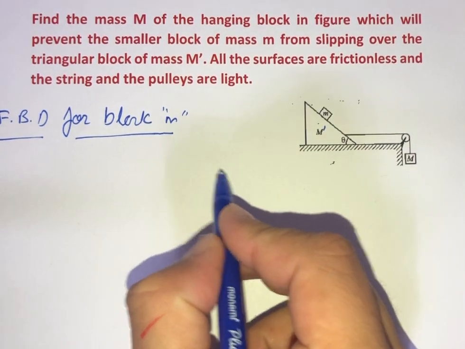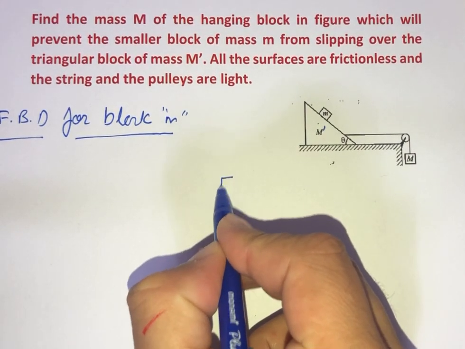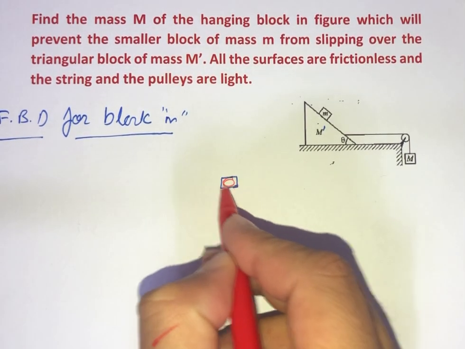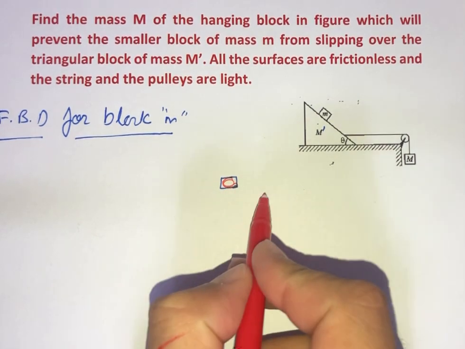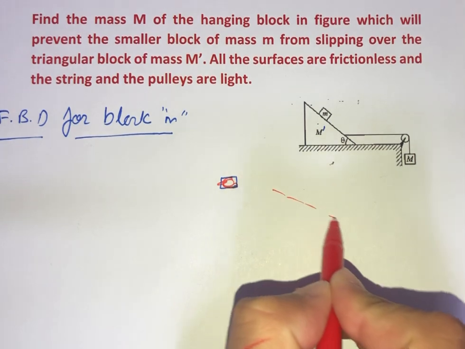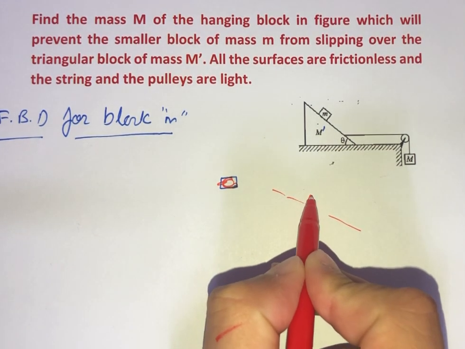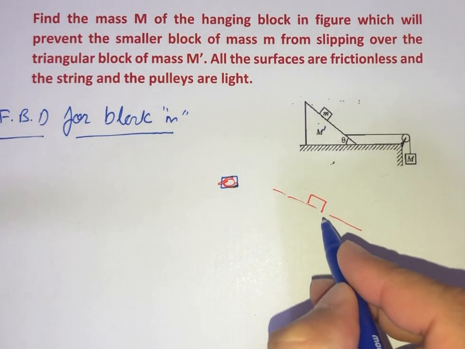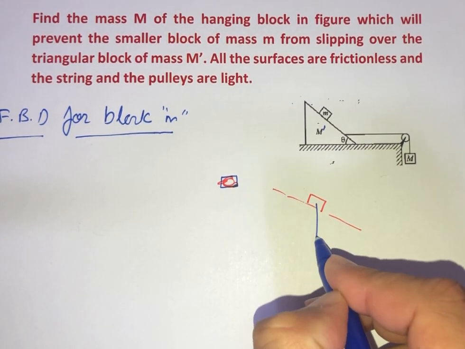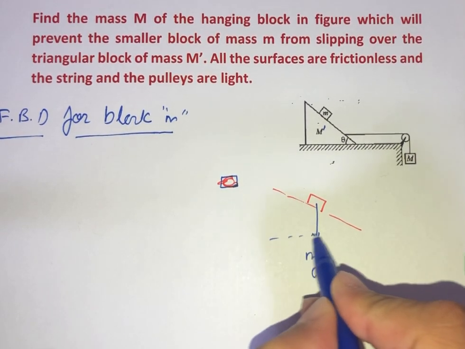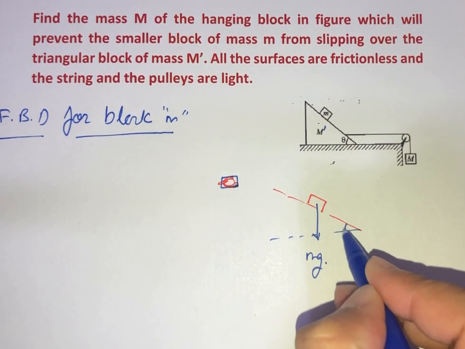so let us suppose this is the block m. Sorry, it will be in this direction. Let me draw it here. So this is block m, and there will be a force, or rather we can say mg, acting downward, and we have this angle given as theta.